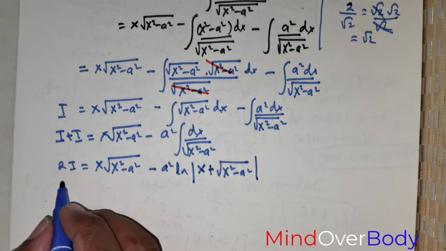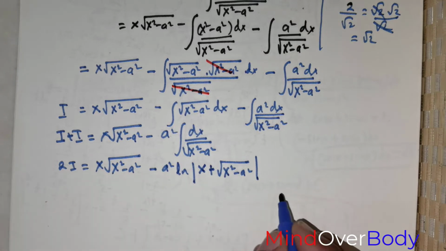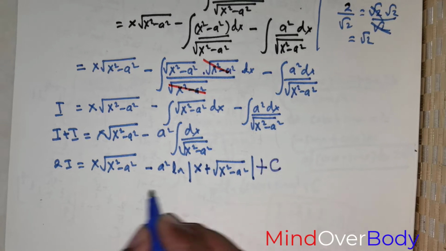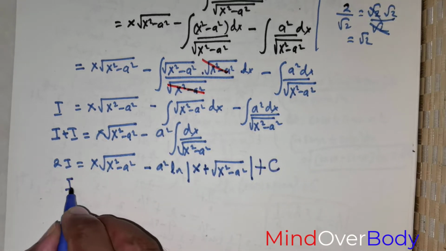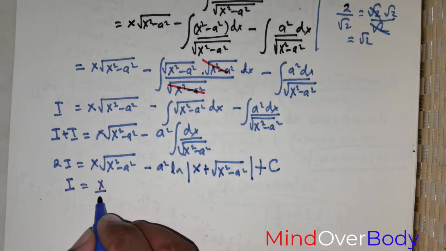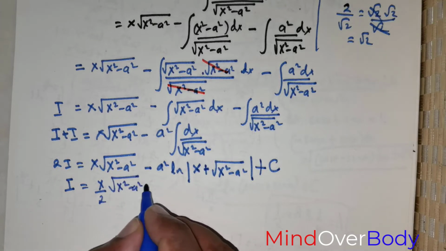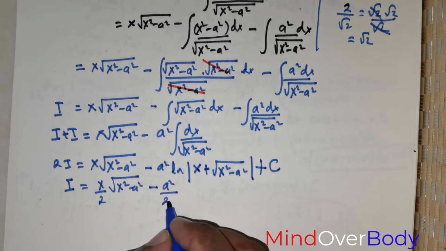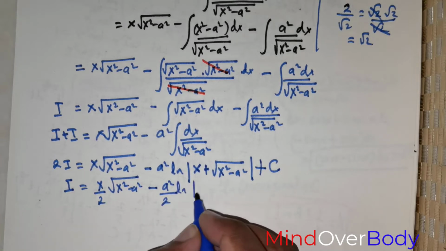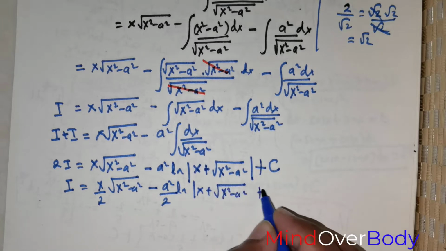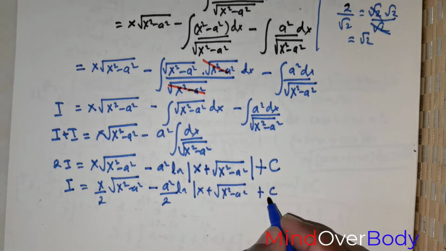Now we need only I, okay? So if I push this to the right hand side, of course we have to place the arbitrary constant. This is going to be I is equal to x over 2 times root of x squared negative a squared over 2 ln of x positive root of x squared negative a squared positive, because 2 is coming here, it's going to be c over 2.